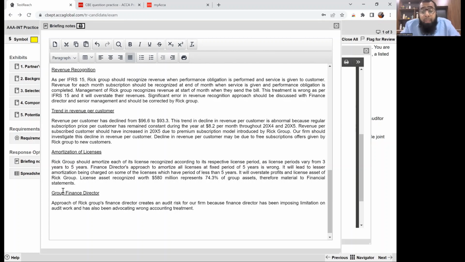Okay. Now, if the company has a finance director who restricts the auditor's work, or if he lacks competence and he's advocating wrong accounting treatment, this itself is an audit risk for the audit.